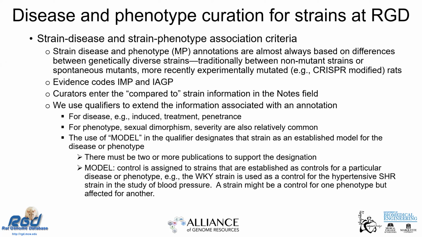Curators enter the compared-to strain information in the notes field. So if they're making an annotation to a hypertensive rat, and they're saying that the blood pressure is increased in that rat, they will put in the notes field increased compared to what, because it's not necessarily a parent strain of an experimentally mutated or a knockout rat or whatever.